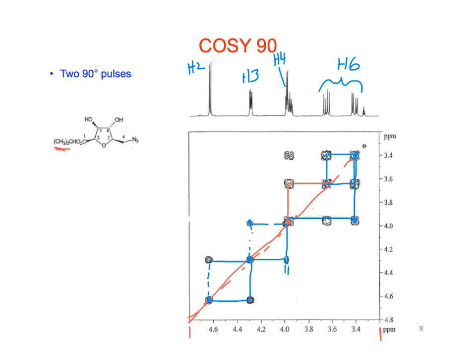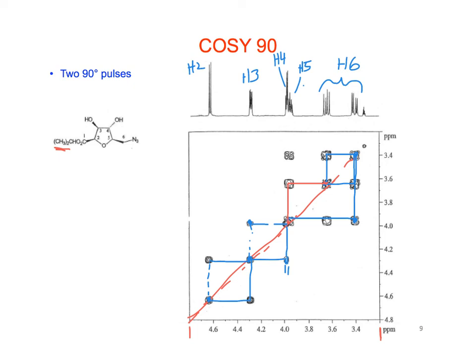Both of those couple with H5. Okay, so those are H6. This is H5. But H5 and H4 are so close to each other in chemical shift, it's very difficult. Maybe the sides of this are showing coupling, but it's so close on the diagonal, it's difficult for us to see.